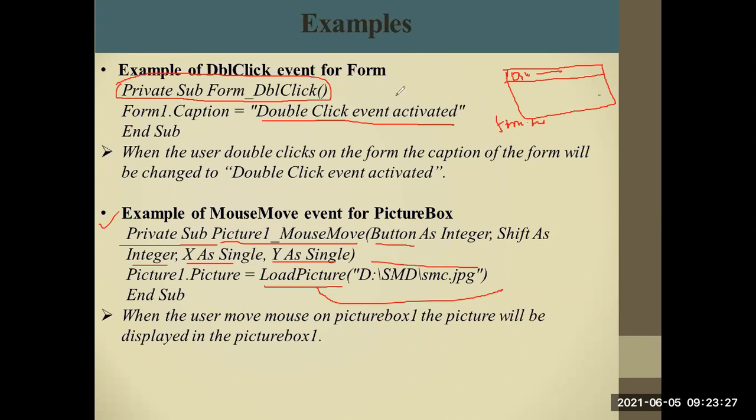Suppose this is a form and this is my picture box, where we will insert a picture with the help of load picture. Whenever you move the mouse in front of the picture box, it will detect it and the picture will be displayed in your form.